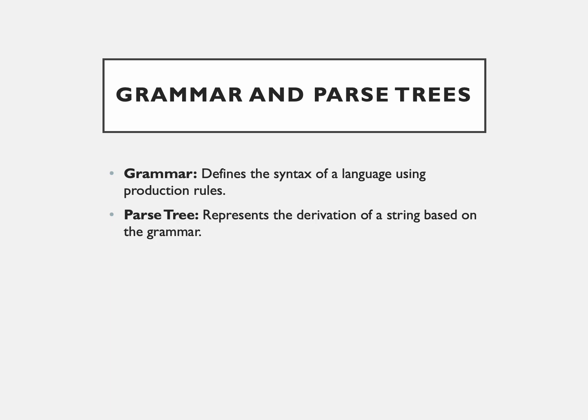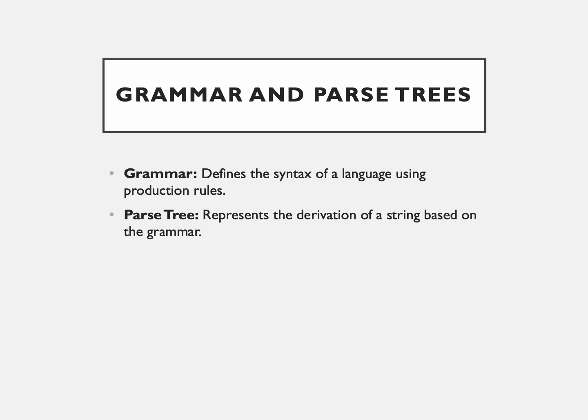Now let's dive deeper into the concepts of grammar and parse trees, which are essential for understanding how syntax analysis works. Grammar basically defines the syntax of a programming language using production rules. These rules specify how statements and expressions in the language should be structured.